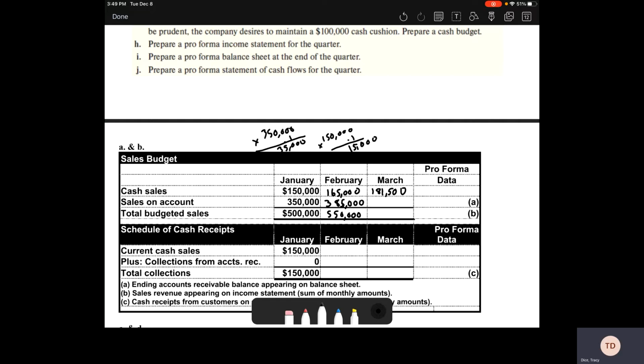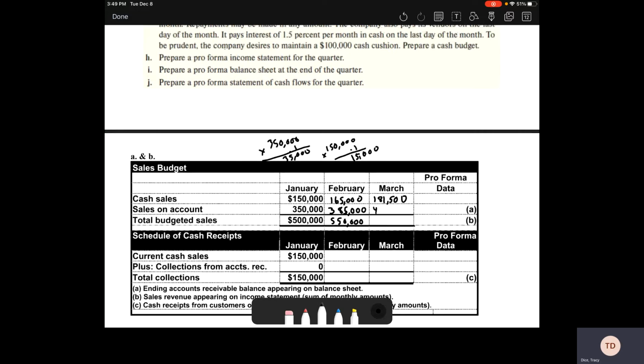Take 385 times your 0.1, which is 38,500. Add that to the 385, and you end up with a total of 423,500. And when you add those two numbers together, you end up with 605,000. So that's our sales budget.